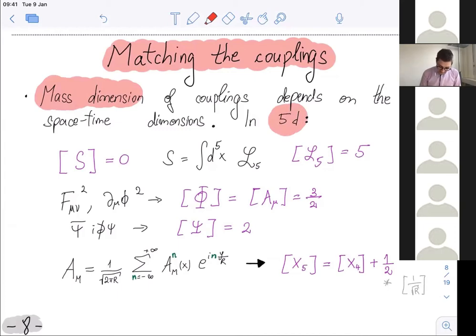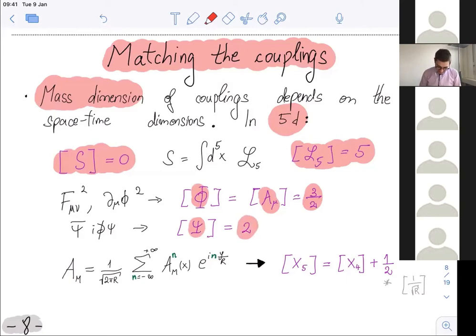So the action has no dimension, right? Then the Lagrange density has dimension 5, because it's integrated over d^5x. And from the kinetic term, you can figure out the dimensions for different fields. So the scalar and vector are 3/2. Remember, in 4 dimensions, they were 1. And the fermion field is 2.